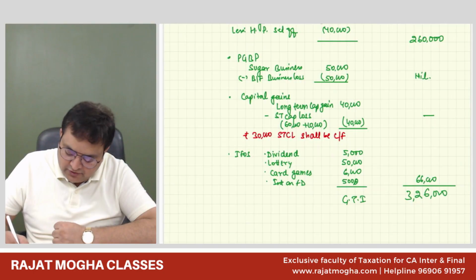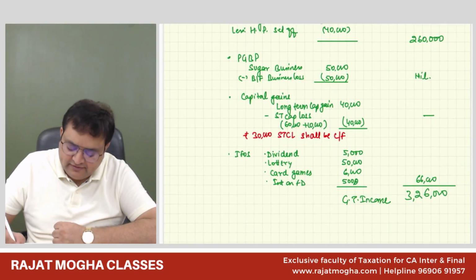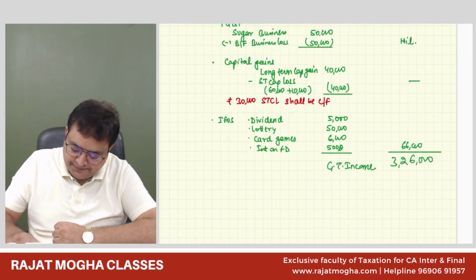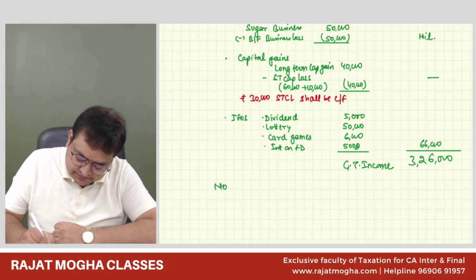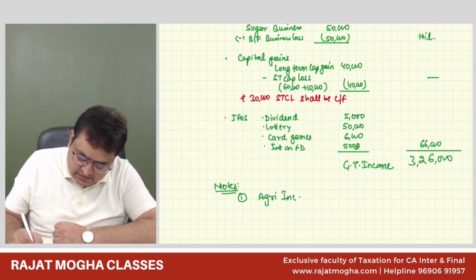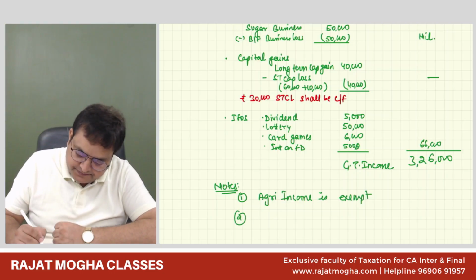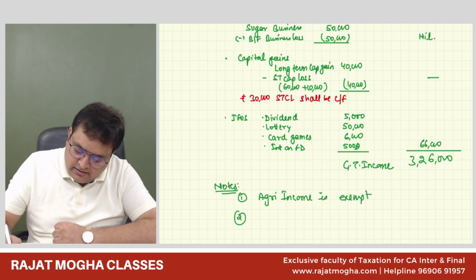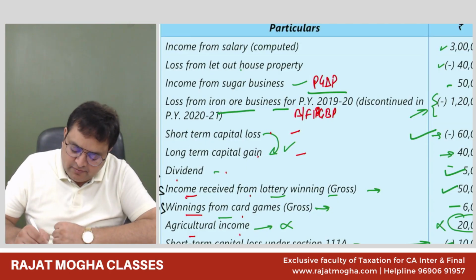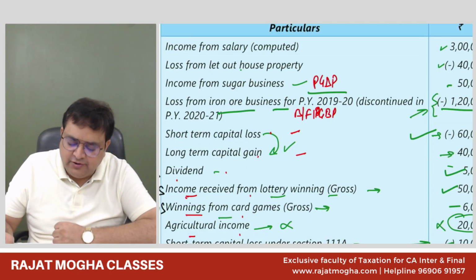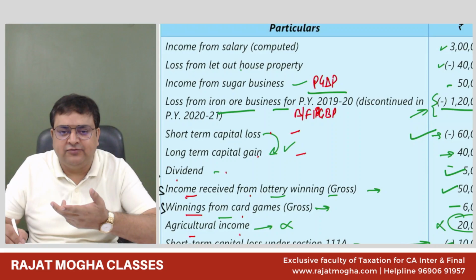Now I also have to tell them a few points which I have not considered over here. Notes. First, agriculture income from India is exempt. Second, I have to tell that loss from iron ore business out of 120, we are able to set off some of the losses.